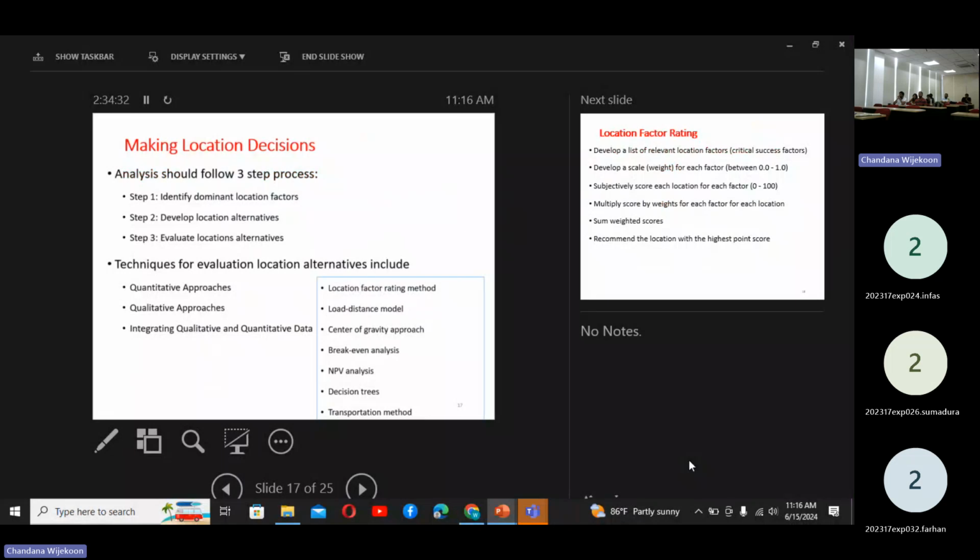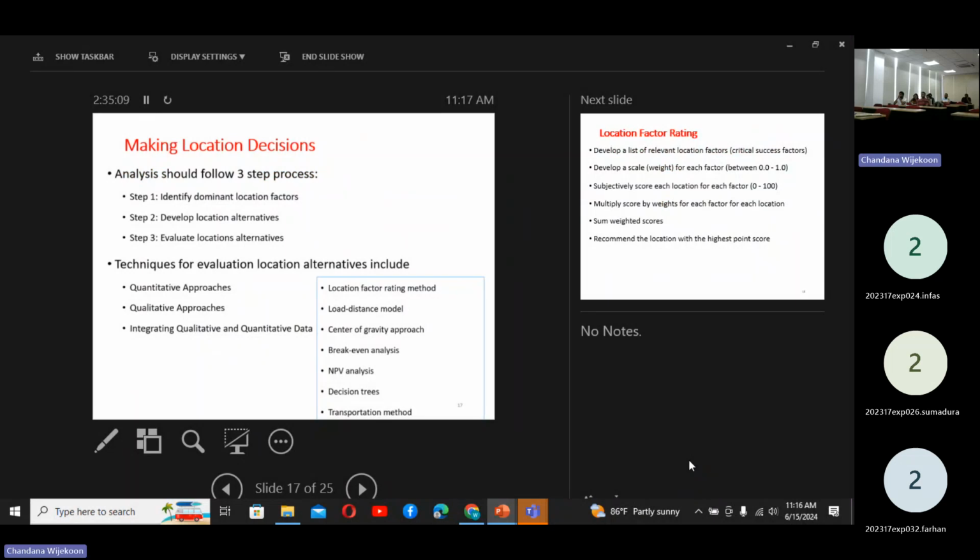Now, just check whether you can understand this. Are the dominant location factors for a restaurant and the dominant location factors for a hospital the same? Could they be the same? And when you compare it with a university or a factory, like a garment factory or oil refinery, from business to business, from operation to operation, the most relevant location factors are different.